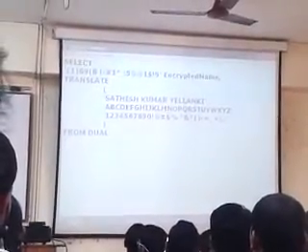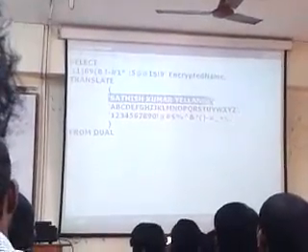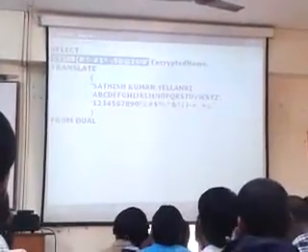Now I am expecting the original name to come out of this. So I am calling my translate. In the place of the original name, I am substituting this encrypted name.